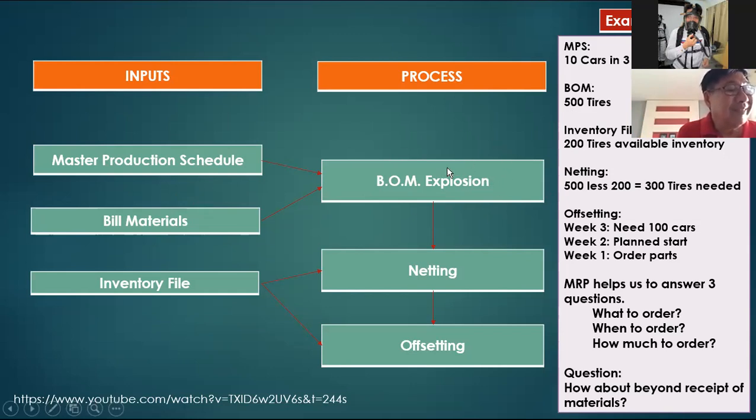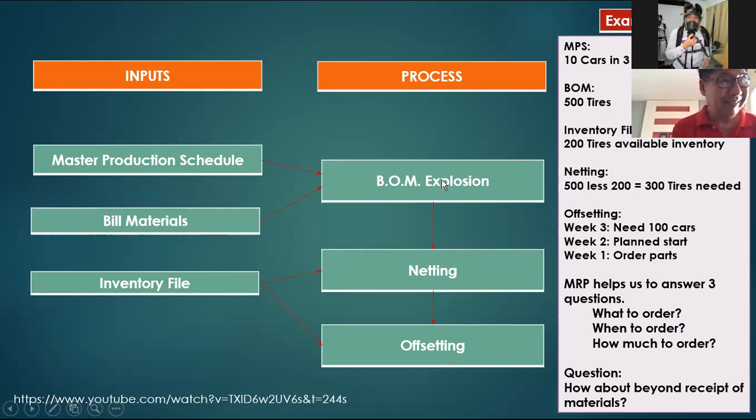And if you have the specific quantity, you will have to check your inventory file for available materials in your storage or warehouse, and you will have to combine that available or on-hand materials with your required materials from your BOM explosion, and we call that process netting of materials. So let us see some example of netting.